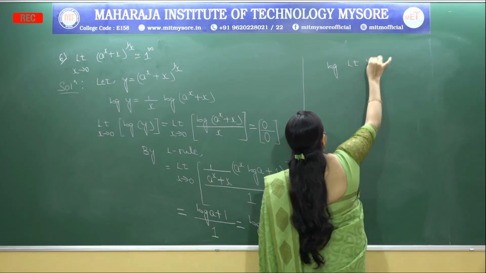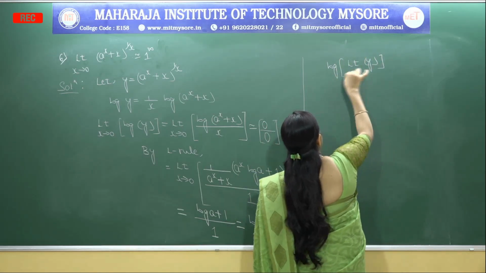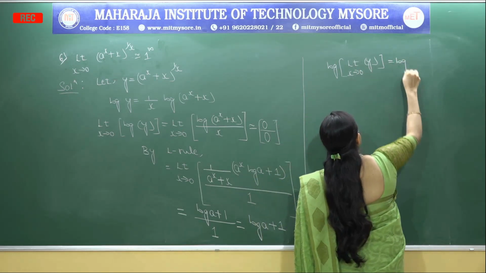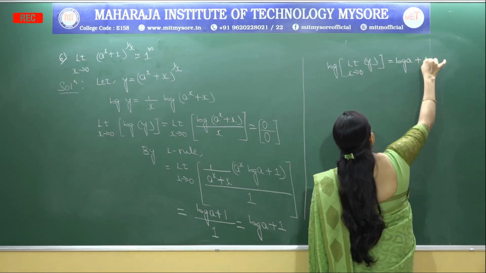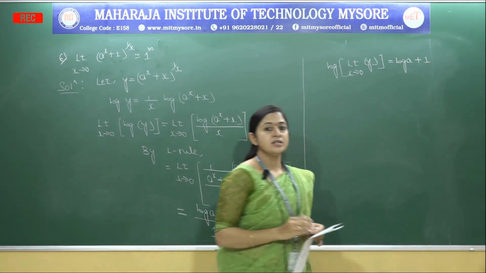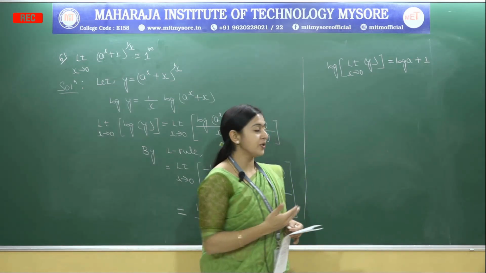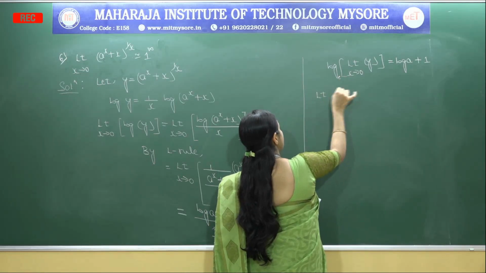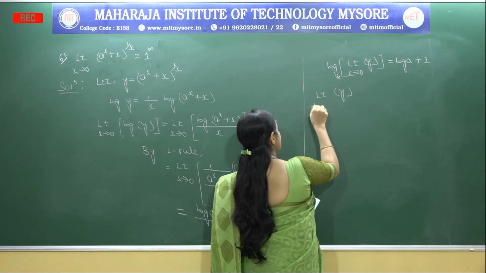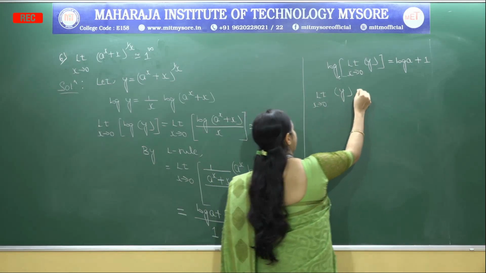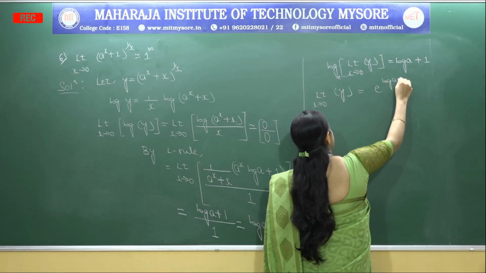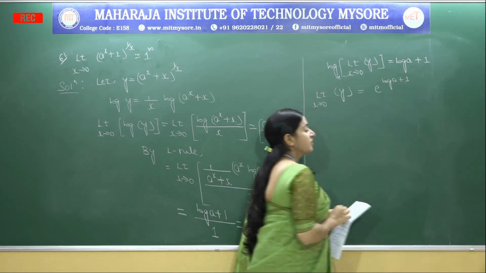Limit of log y as x tends to 0 equals log a plus 1. Since you have the log with base e, you can take the log to RHS part. So it is limit y as x tends to 0 e power log a plus 1.